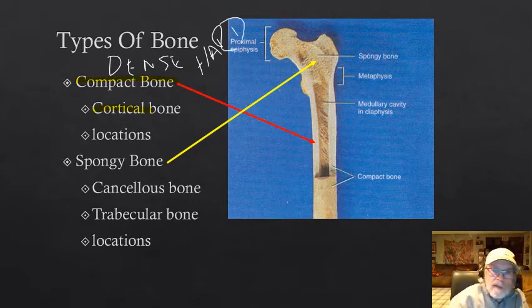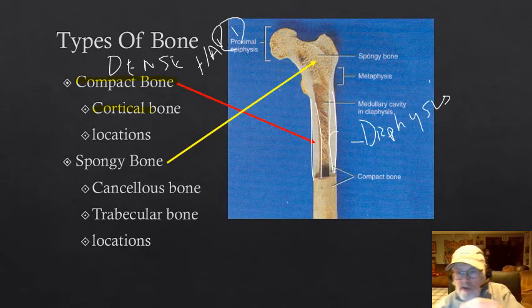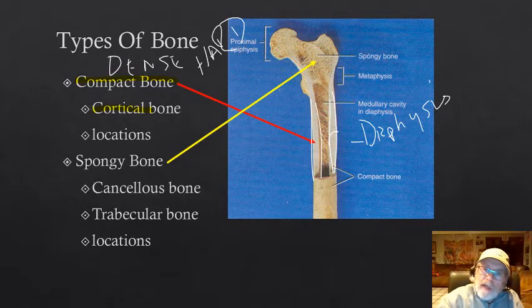If we look at the bone here, you can see what it looks like. In this area you see a very thick, very dense looking bone. We know that this is the diaphysis, which we should know from the last video. The diaphysis has a very thick cortical rim around the outside, and that's the cortical bone, the compact bone. In the metaphyseal region, you can see how that cortex becomes thinner.